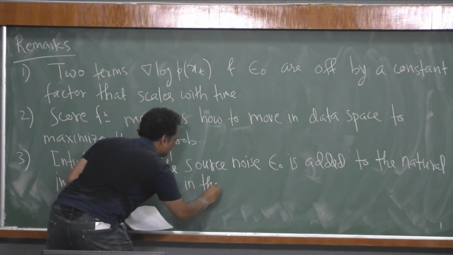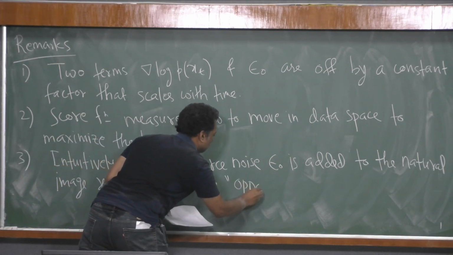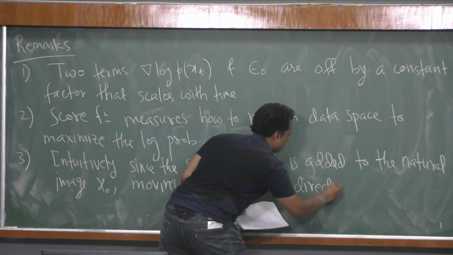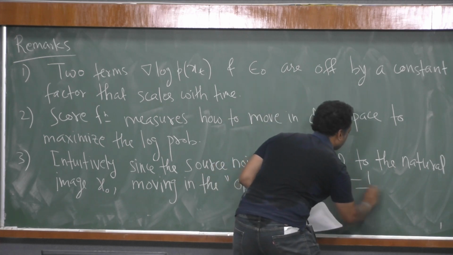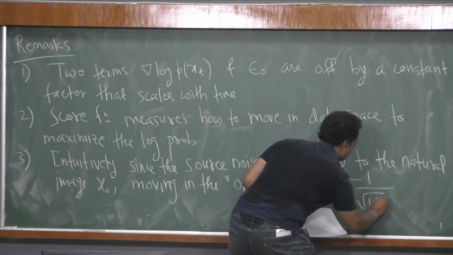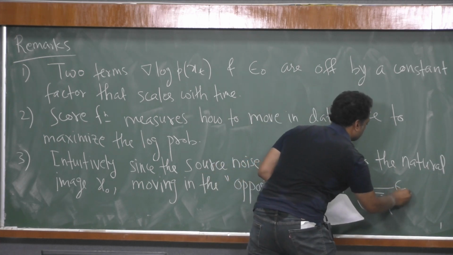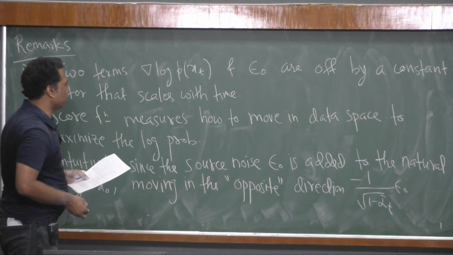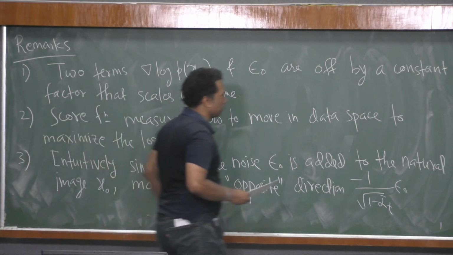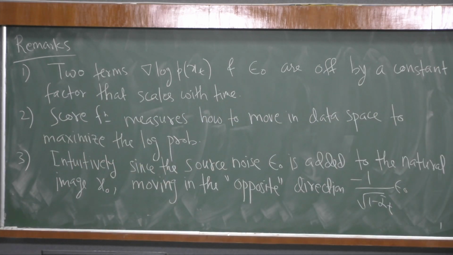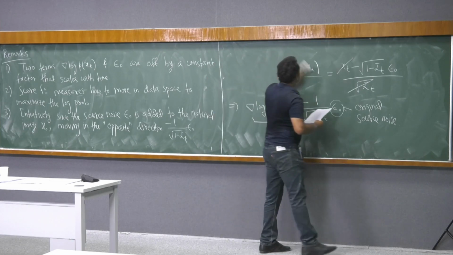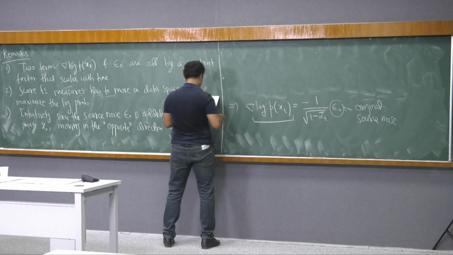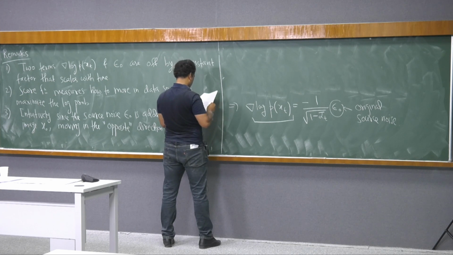So we can say that this direction is given by 1 by square root of 1 minus alpha bar t times epsilon naught. We can think of this as the direction that we're talking about. Going in this direction denoises the image. That's what we are trying to learn, the denoising process.